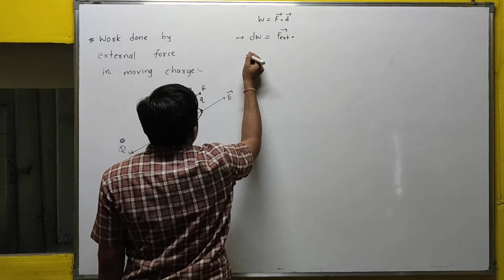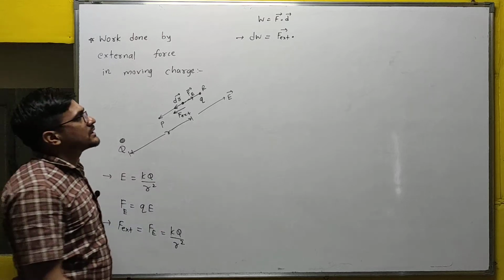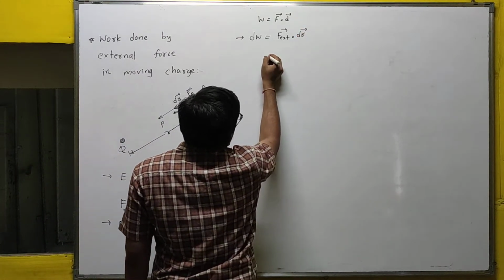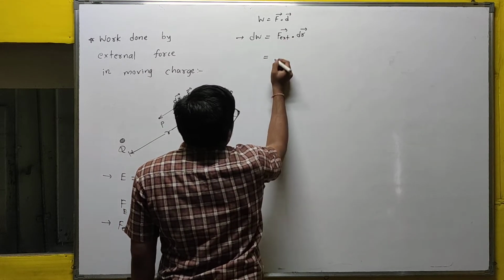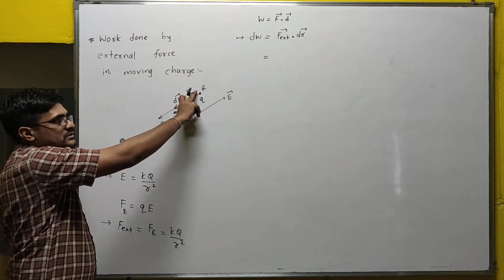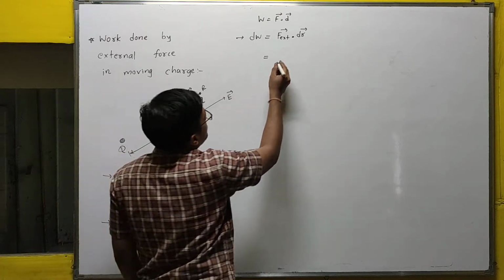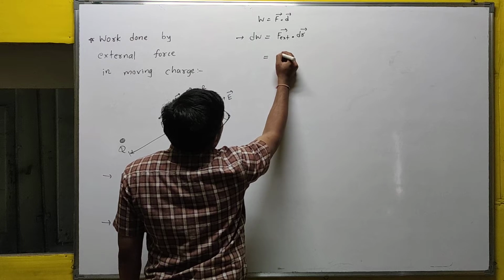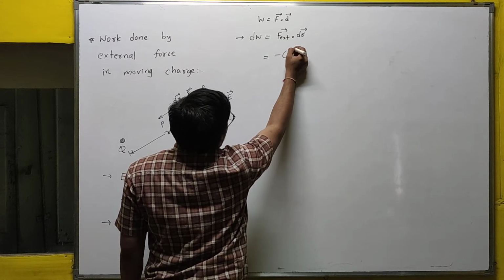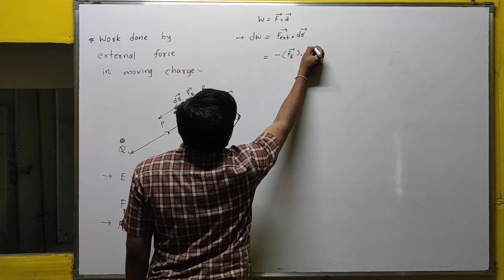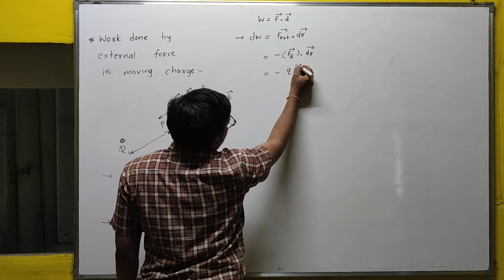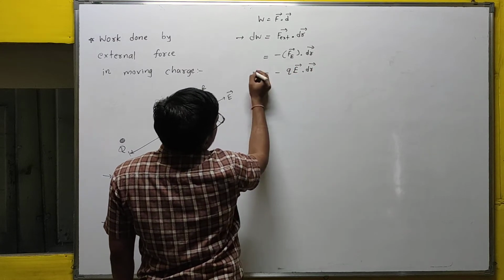So for the small displacement dr, the work done is F external dot dr. F external is in the opposite direction of the force due to electric field, so you can write this as negative of the force due to electric field dot dr. The force due to electric field is equal to qE, so dW is minus qE dot dr.